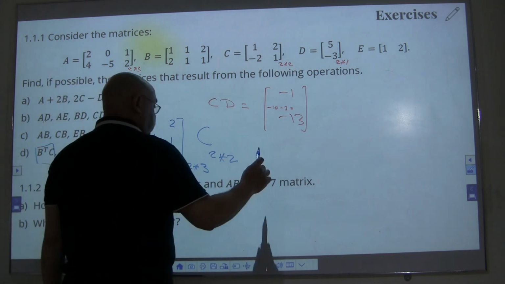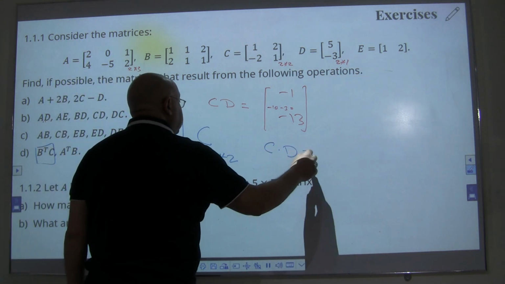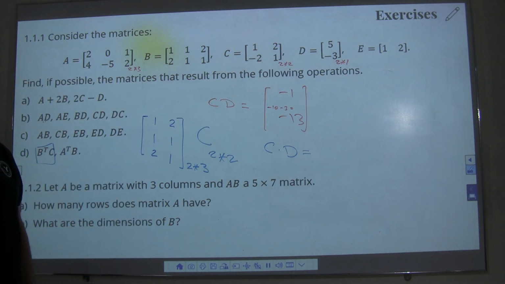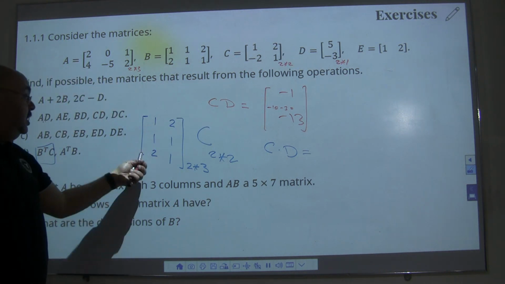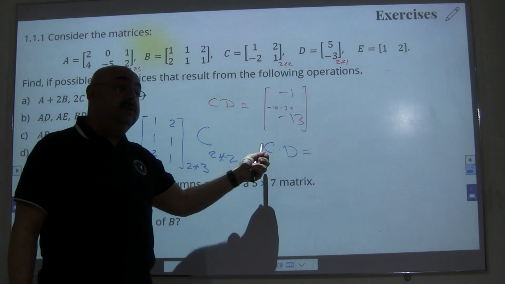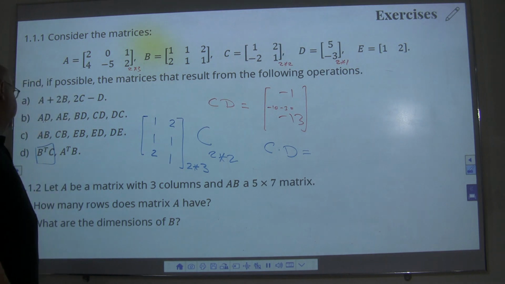Is it possible to get C times D? Yes. Remark, D times C is not possible, but it is possible to get C times D. Isn't it 3 rows and 2 columns?